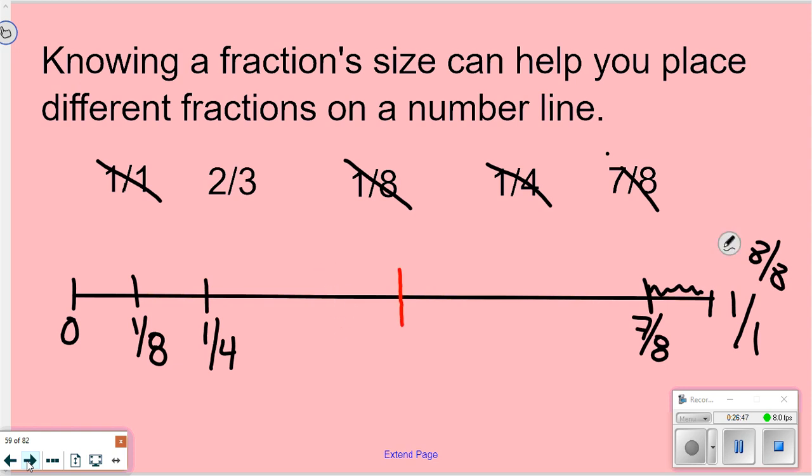Let's put 1/2 real quick. 2/3 is not equal to 1/2, but is it bigger or smaller than 1/2? Think about it. Is 2/3 going to be bigger or smaller? Bigger. Can that help us figure out where it's going to go? Yes.